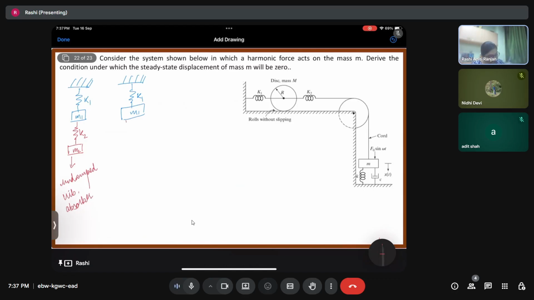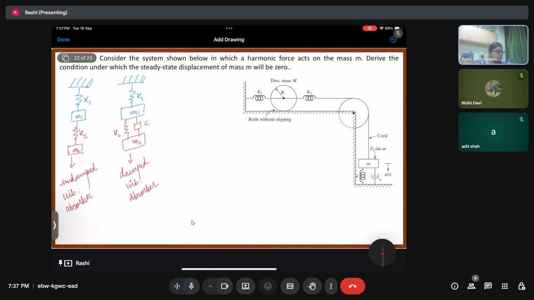Over here, we are attaching a spring, along with that we are also attaching a dashpot and then a mass M2. This is a damped vibration absorber. Here we are also having a component of damping.